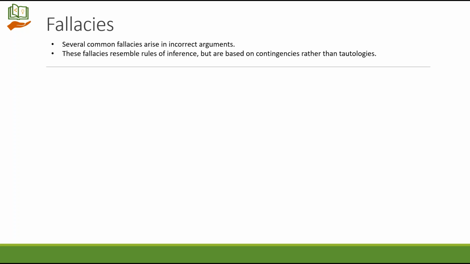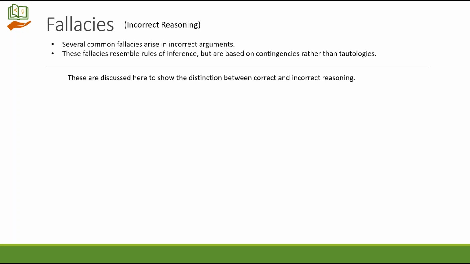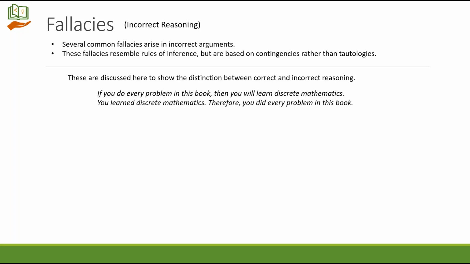What is the ultimate aim of rules of inference? We said that it should be a tautology. So when it is not a tautology but a contingency, we can say that they are fallacies. These are discussed here to show the distinction between correct and incorrect reasoning, and we are equating fallacies to incorrect reasoning. So let's take this particular example.